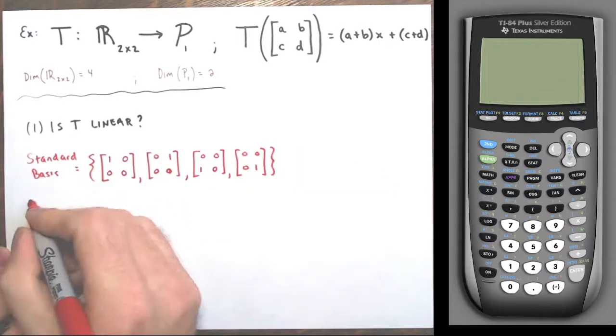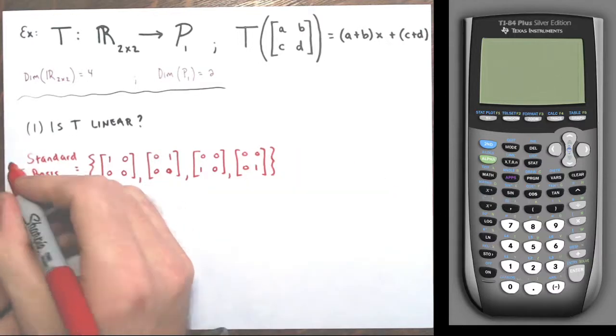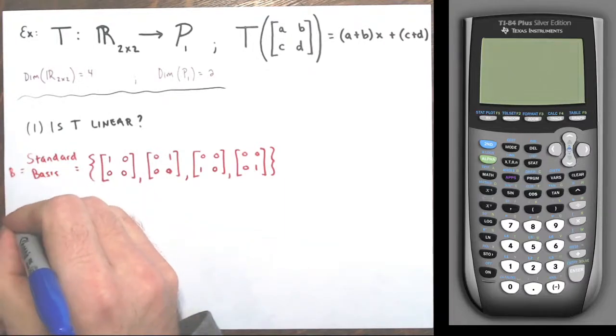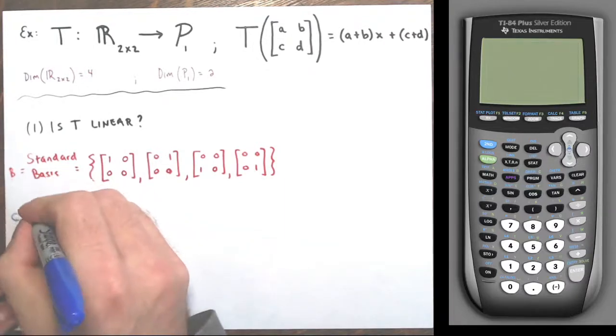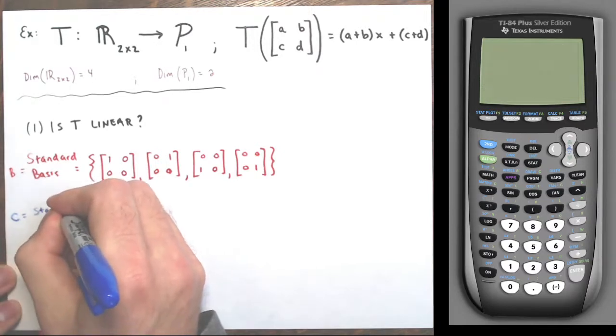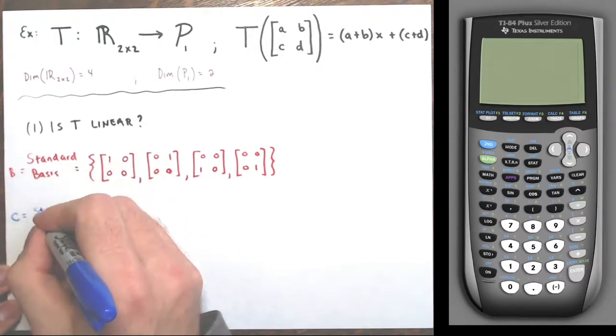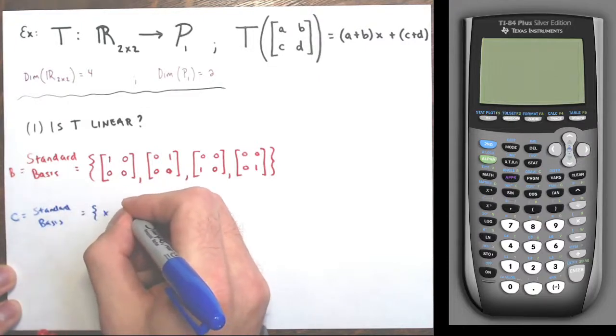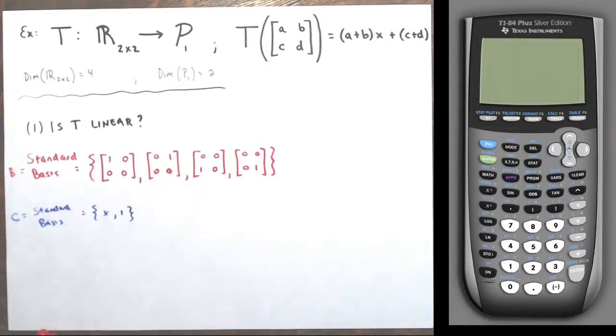I'll call this B, and the standard basis for the codomain P1 was just x and 1.